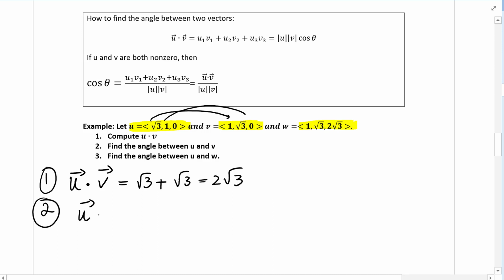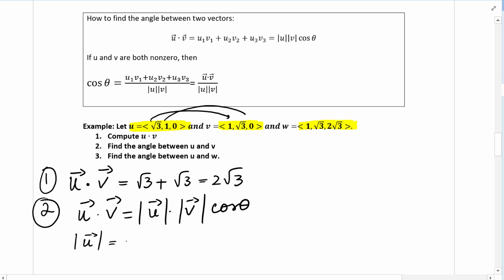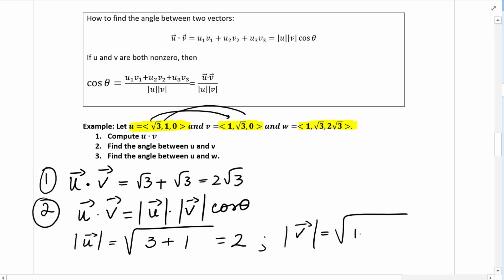We know that u dot v is the magnitude of u times the magnitude of v times cosine theta. We can find the magnitude of u, which is the square root of square root of 3 squared, which is 3, plus 1, so we get 2. And the magnitude of v is the square root of 1 plus square root of 3 squared, that's 3, so we get 2.